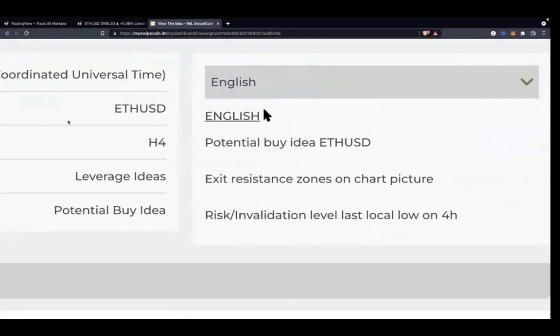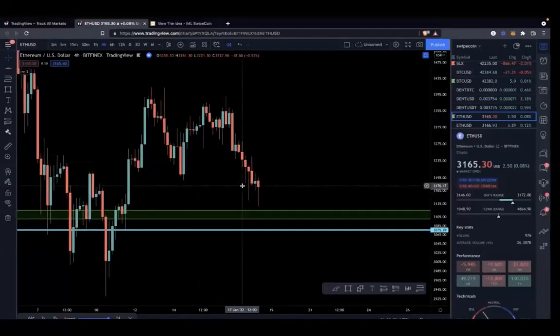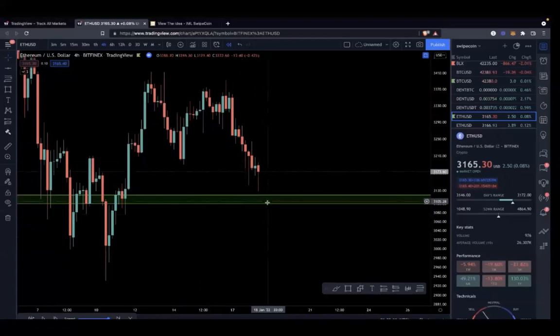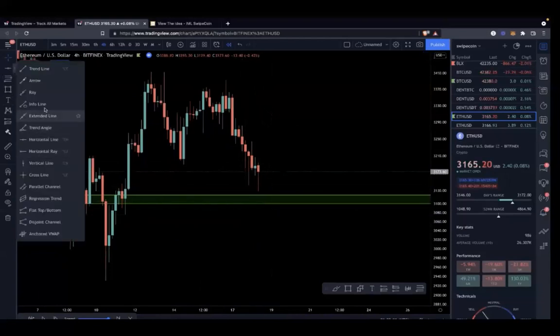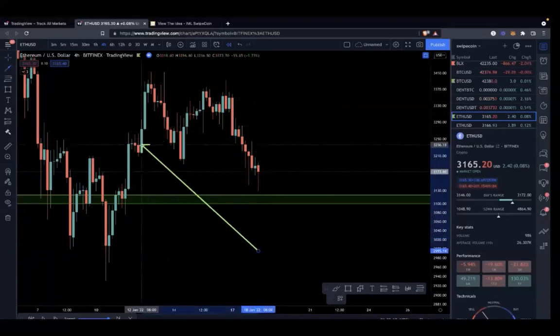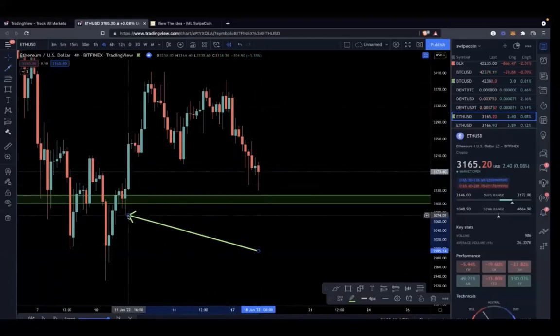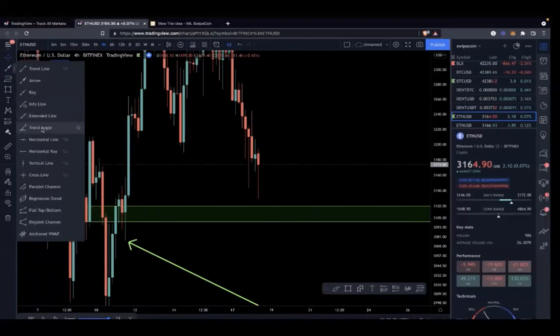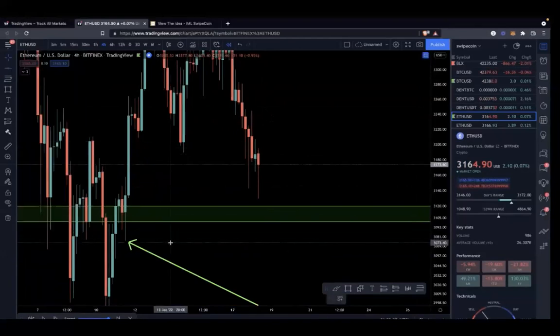It's really simple, folks. If we are looking for a buy position from here, then if this is our entry, I'm going to look where? To my left, right? To my left. And I'm going to look on the 4-hour chart and look for the last local low on the 4-hour chart. So I'm going to put it just like was written on the notes.